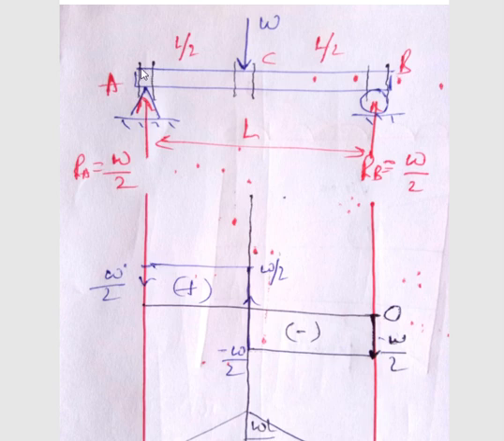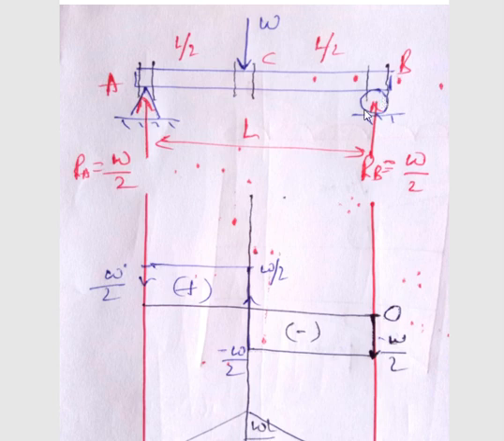Now let us start solving problems using the concepts which we have discussed for standard cases. This is an example wherein there is a beam of length L, and a load of W is applied exactly at the center, at a distance L by 2 from the left end and also L by 2 from the right end. This beam is supported on a hinge support at the left end and a roller support at the right end.